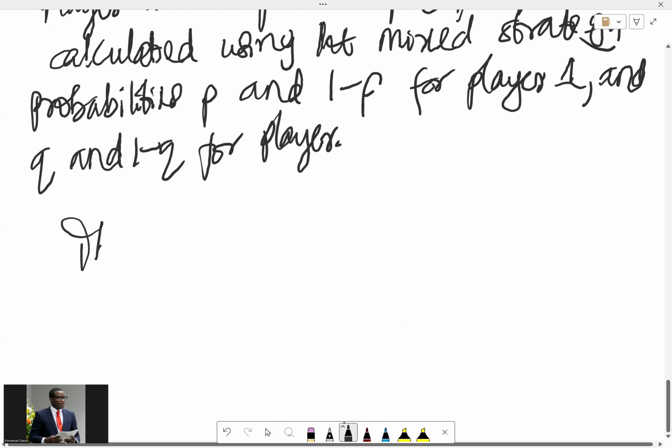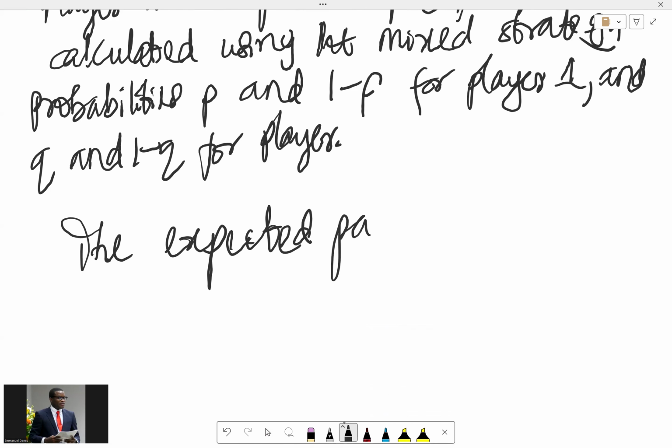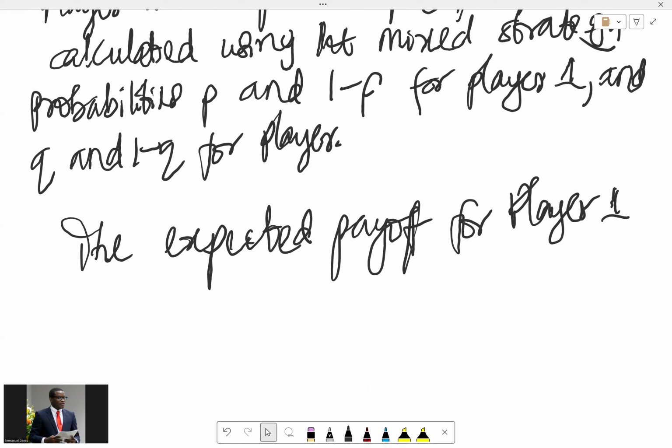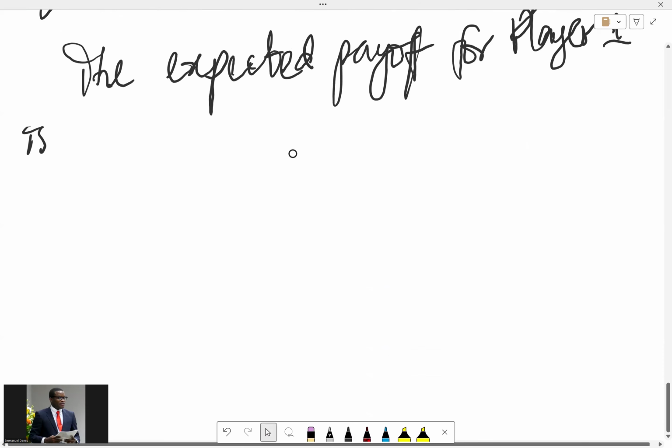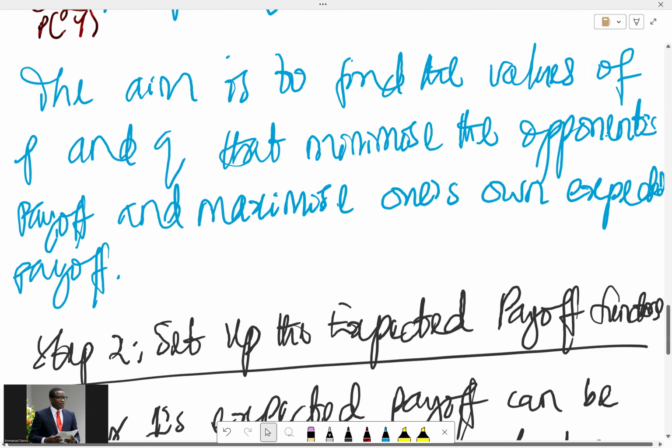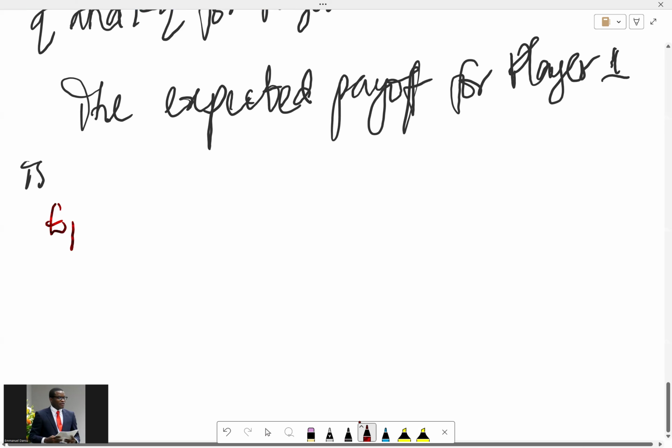So the expected payoff for player one, it is just for player one, right? I guess I want to switch colors here. So the expected payoff for player one will be something like this.